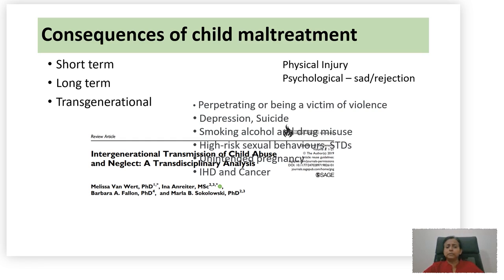High risk of sexual behavior and sexually transmitted disease, unintended pregnancy, and because of the stress and the severe trauma they are undergoing, there are changes that can occur in the bodily environment and can cause ischemic heart disease and cancer as well in long-term problems.